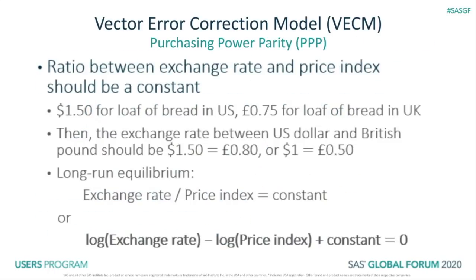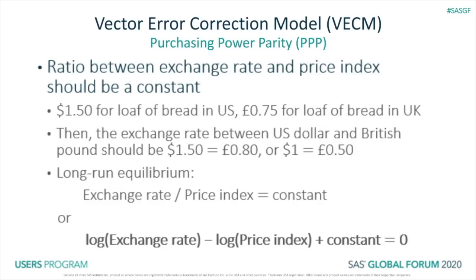We give an example on purchasing power parity. It is just talking about this: in the US, if you spend $1.50 for a bread, then in the UK you may spend, oh, that's a typo, 0.8 pounds for the bread.